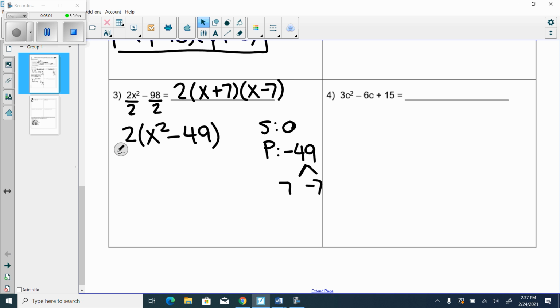And don't forget that GCF of a 2 out in front. It would be c squared.